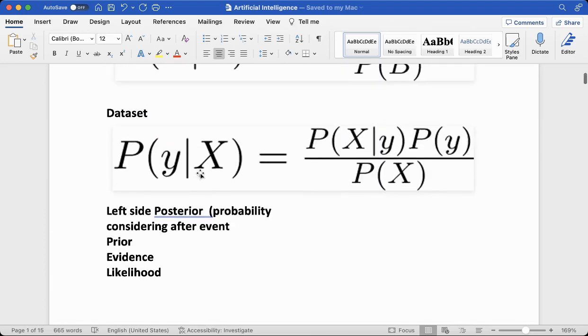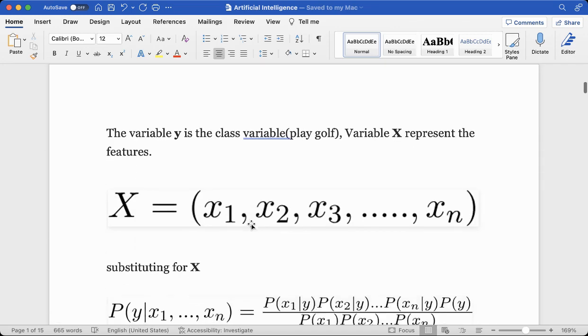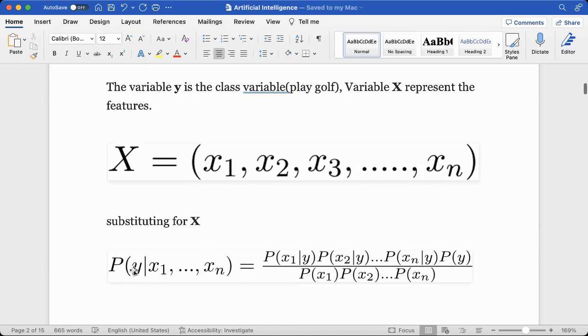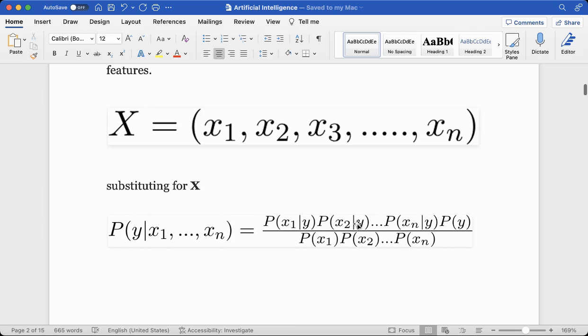As I said above, if we convert the Bayes theorem to the data set, it becomes P(y given x1 to xn), meaning the outcome given the list of our feature variables, equal to P(x1 given y), P(x2 given y), and so on to P(xn given y), and in the last P(y), divided by P(x1) multiplied by P(x2) and so on to P(xn). So when we put in our data set, the formula becomes like this.